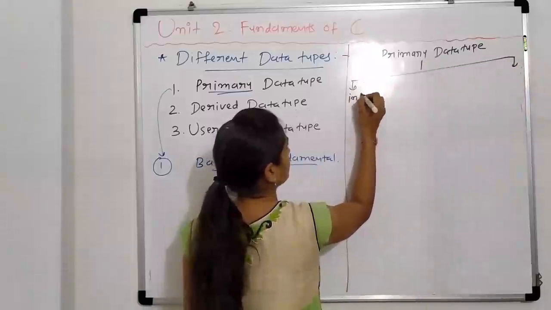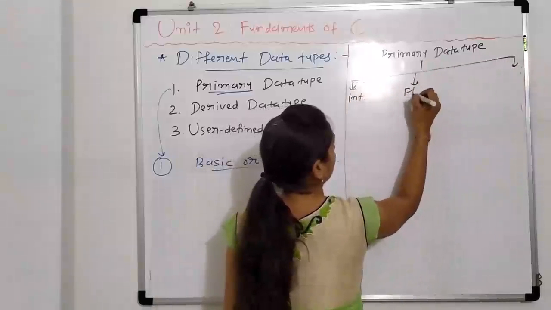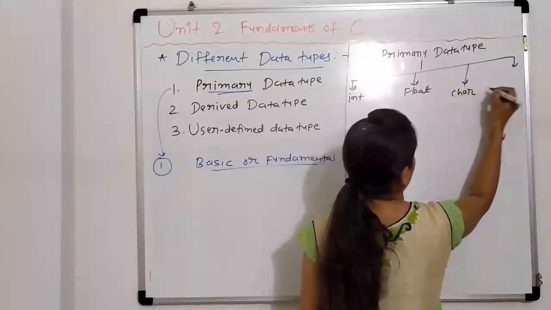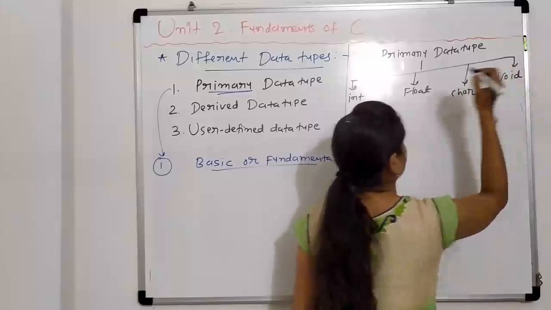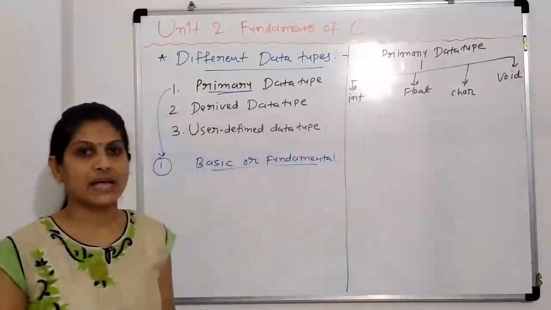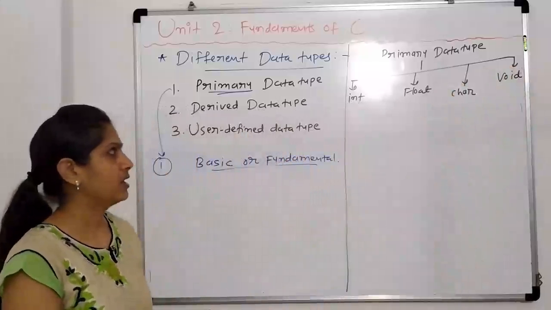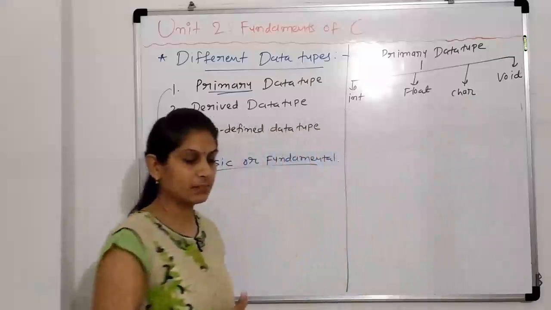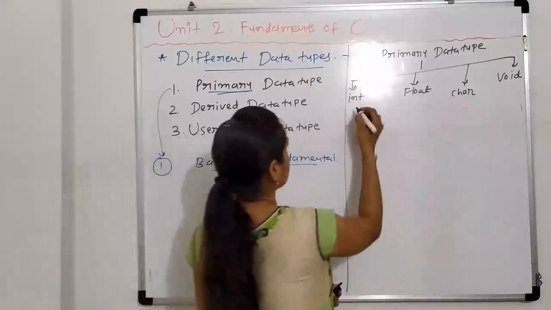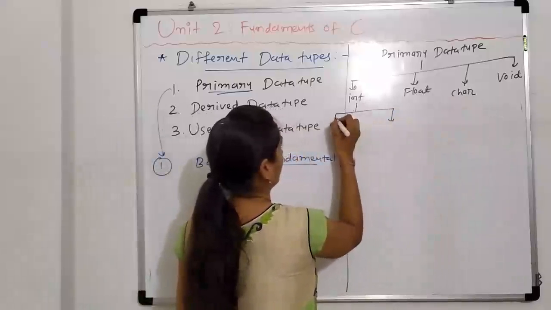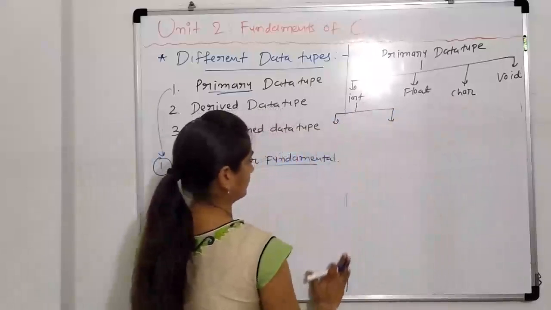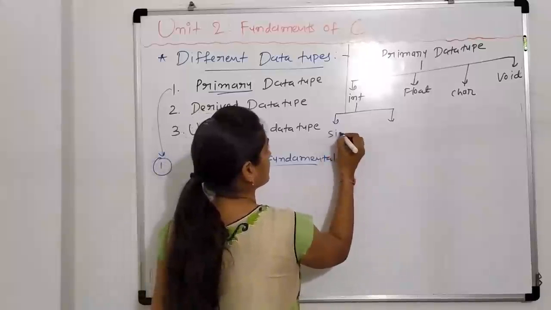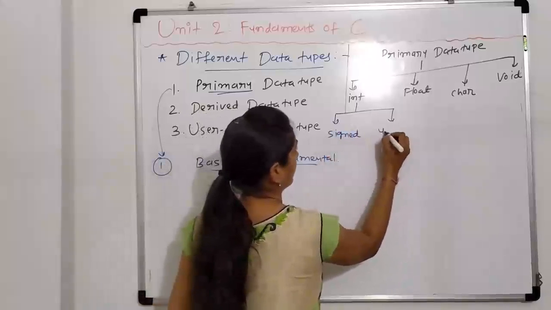First is integer, second is float, third is character, and fourth is void. These 4 are the primary data types. Now these data types are again divided into subcategories. Integer is divided into two parts, signed and unsigned.